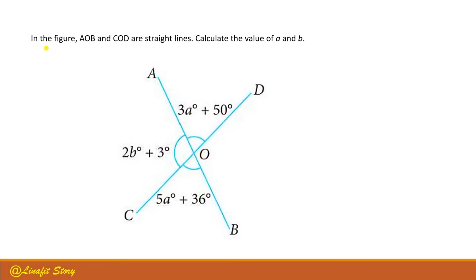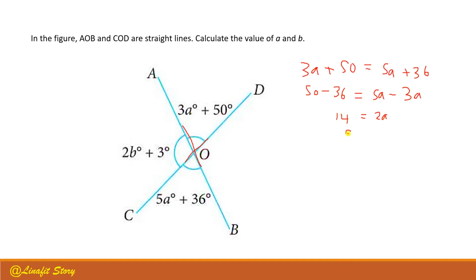In the figure, AOB and COD are straight lines. Calculate the value of A and B. So we can see that this is the vertically opposite angle. So 3A plus 50 is equal to 5A plus 36. 50 minus 36 is equal to 5A minus 3A. 2A is equal to 14.